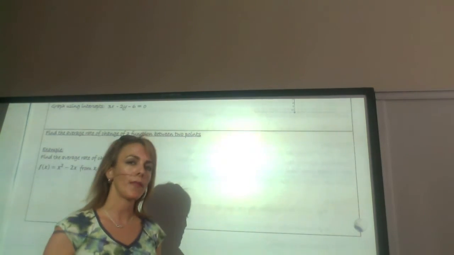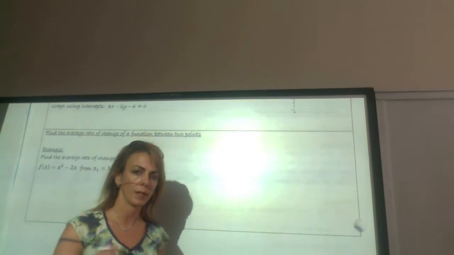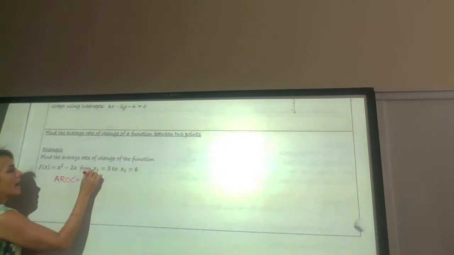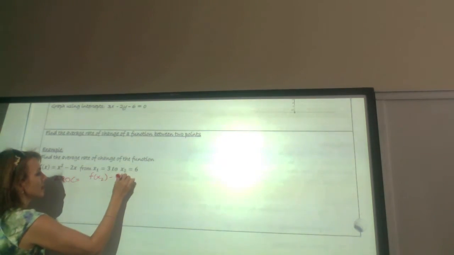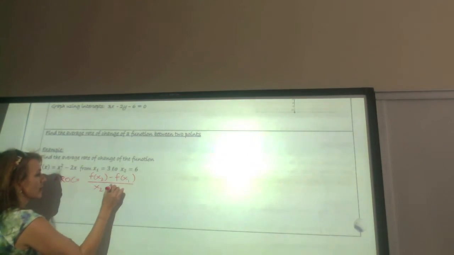So let's look at the formula and then find a strategy that's going to help us solve this problem. The average rate of change formula is f of x2 minus f of x1, divided by x2 minus x1.